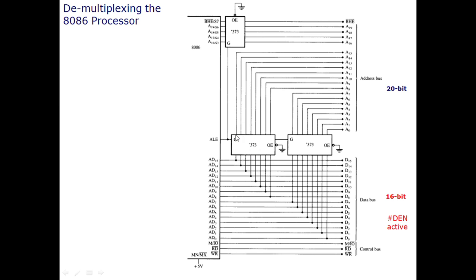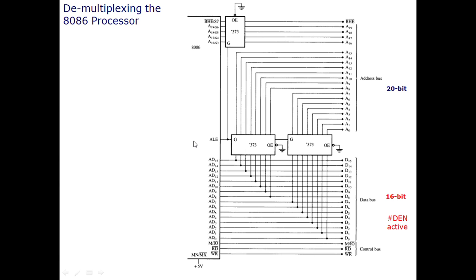And the same ALE output is connected with the select input of the other latch, the 373 latch. So again, it will pass on the bits available here to the output whenever the G input is 1. The output enable of all these latches is 0, to enable the output whenever the input is available.